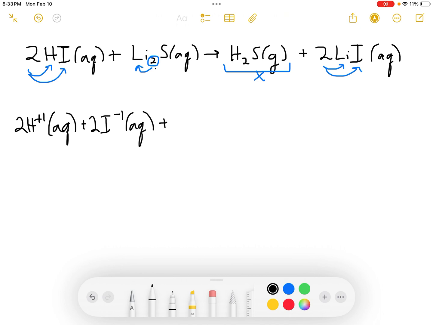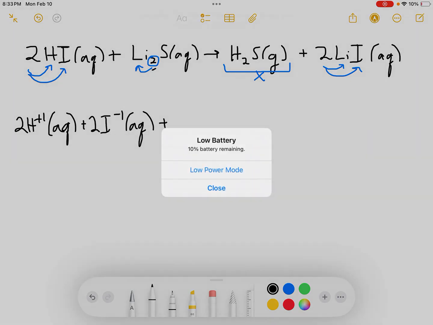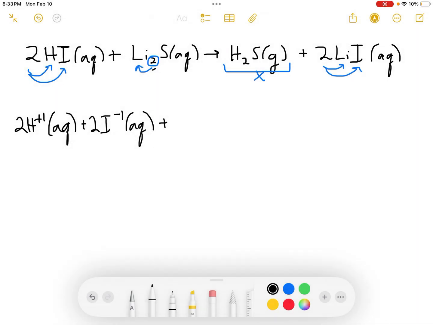Now, this 2 that is a coefficient here is going to become, this 2 that is a subscript is going to become a coefficient for the lithium. So we have 2 lithium ions, aqueous, but we only have 1 sulfur ion, and that's a -2 charge. It's aqueous. I'm going to go down to the second row. Normally we'd do this all in one row, but there's not room on the screen.